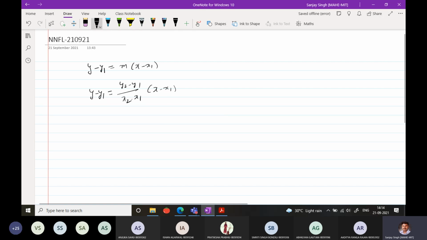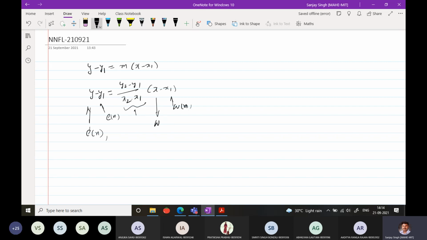In this point slope form, y is some E prime, the actual error function as a function of the weight. This part is nothing but the slope, or you can say the gradient of it; gradient gives the slope only. And x is the w here, and this is w of n.